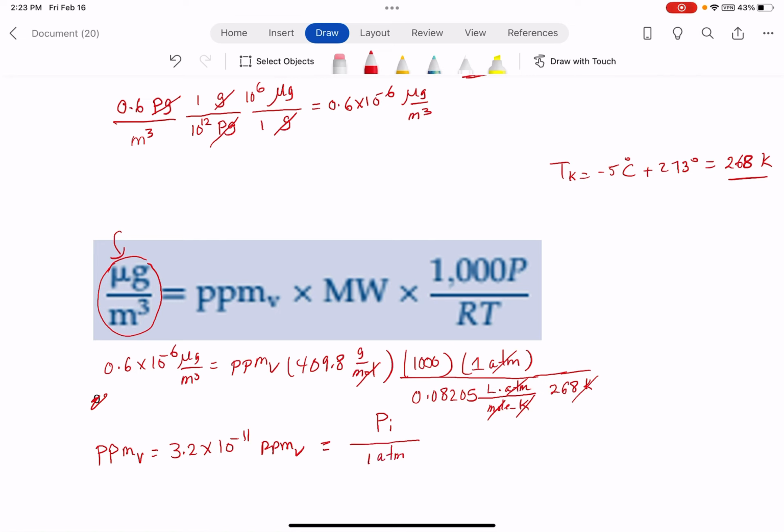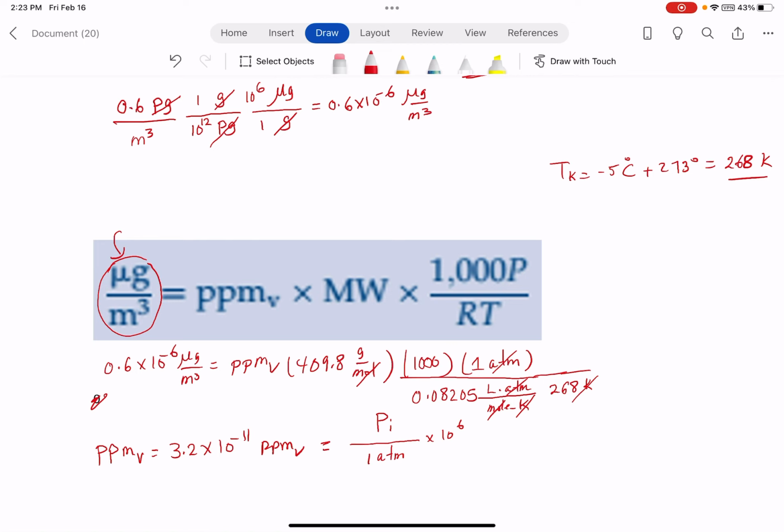Remember when you do mass i over mass total times 10 to the 6, volume i over volume total times 10 to the 6, we'll do the same thing. Pressure of that pollutant over the total pressure, 1 atmosphere, times 10 to the 6. And of course, this is equal to the ppm by volume for the chlordane.